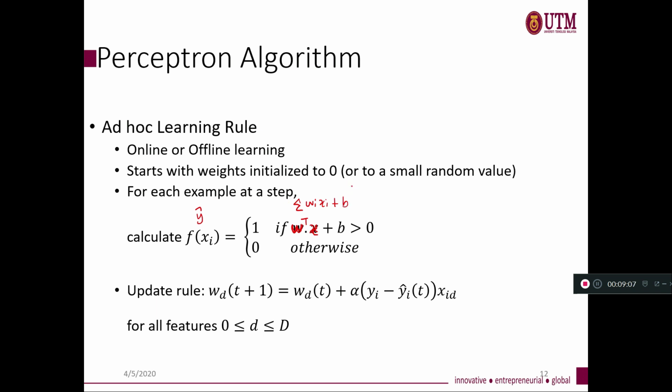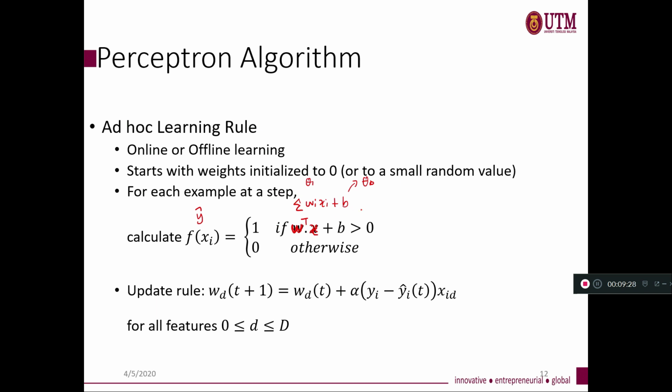Again, I need to remind you: this one should be theta 0 and this one is theta 1. I need to remind you again and again until you can understand the concepts, because the formula is similar. It's not so much different.